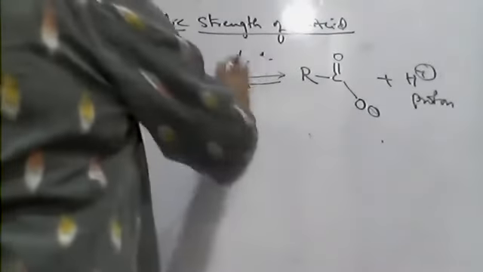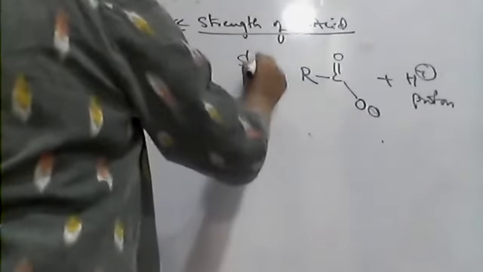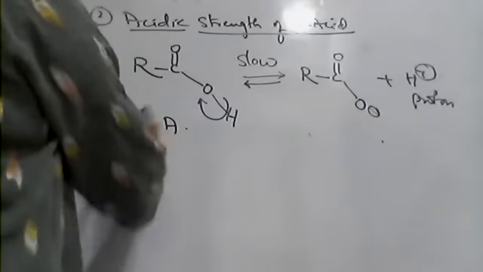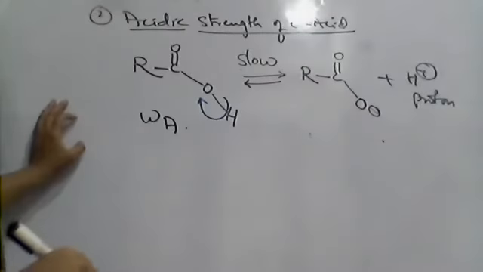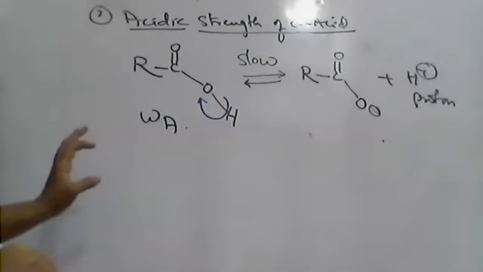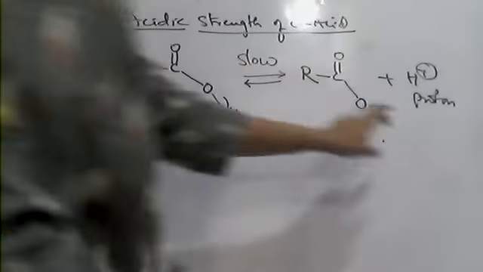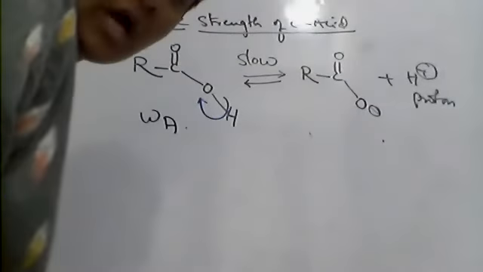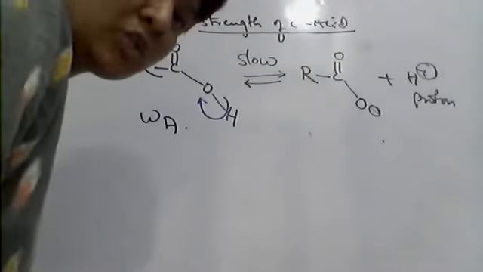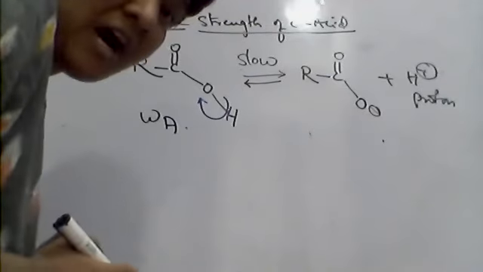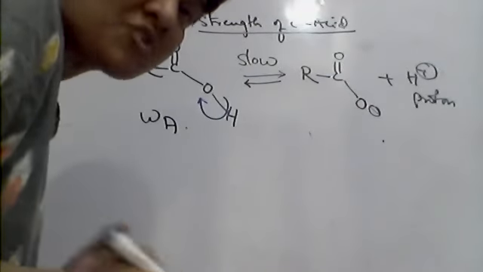Or if H plus is released slowly, then the acid is said to be a weak acid. Yes or not? If the dissociation takes place slowly, then release of proton will become slow. Slow proton donors are weak acids. Fast proton donors are strong acids.